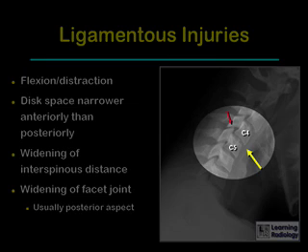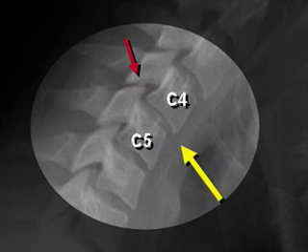The ligaments that are injured are the posterior ligamentous complex, and this is an example of a ligamentous injury. You can see that C4 is slightly forward on C5, and the red arrow is pointing to the fact that the facet of C4 is slightly forward on the superior articulating facet of C5.